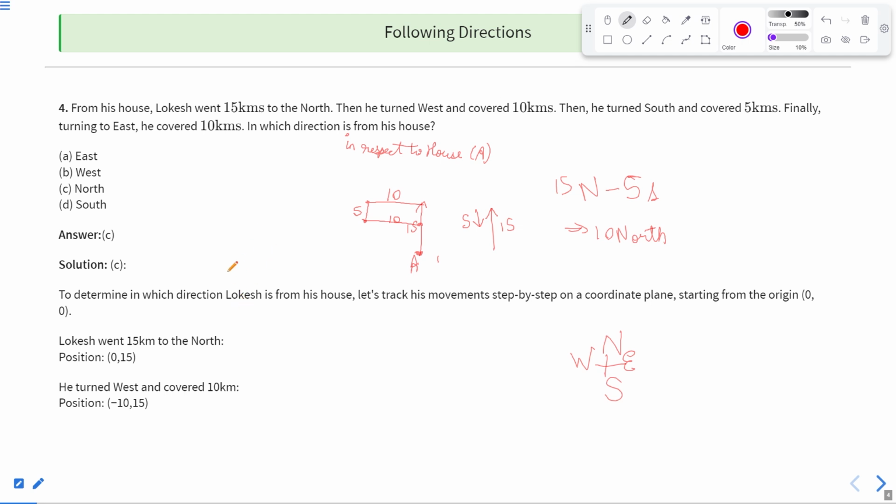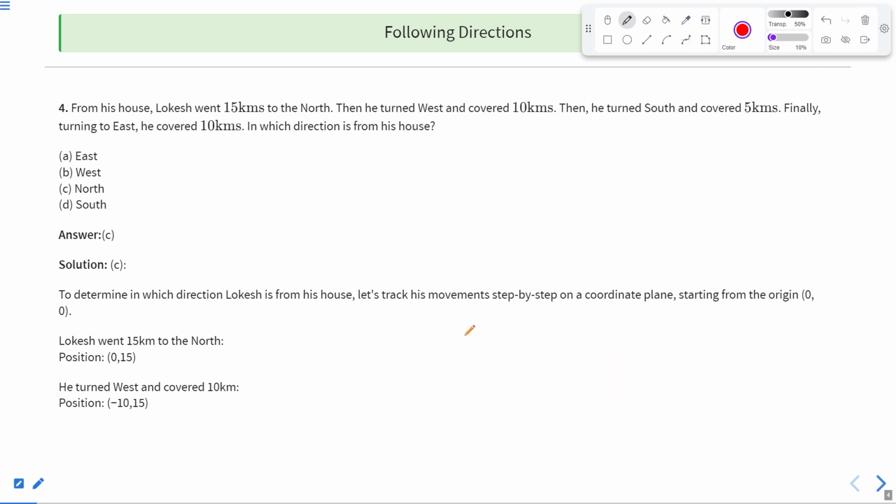Okay, let's look at the solution. To determine which direction he is from his house, let's track his movement step by step on a coordinate plane, starting from origin 0. तो हम 0,0 से शुरू हो रहे हैं, उससे हम 15 किलोमीटर नॉर्थ जा रहे हैं. तो इसको अगर हम हटाएं, so let's draw this coordinate plane. ठीक है, तो when we're drawing this coordinate plane, so this is north, this is south, this is west.